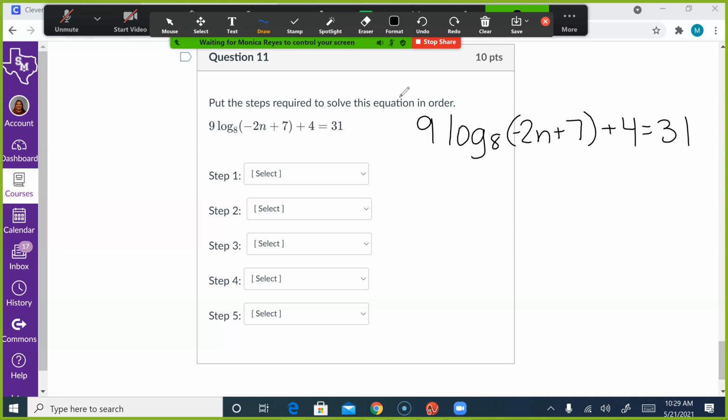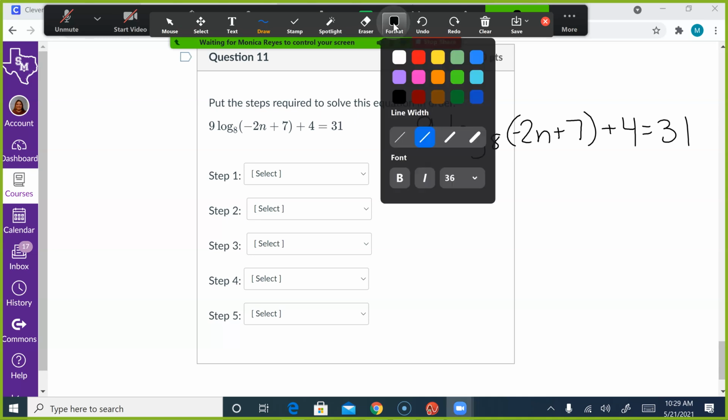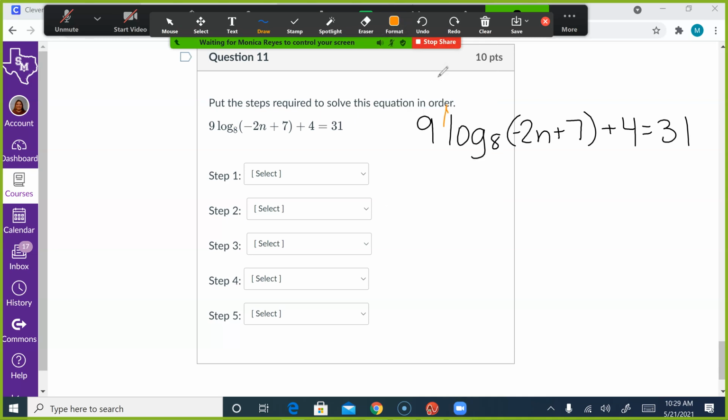Okay, so before you can convert it to the other form, before you can rewrite it in exponential form, the log and everything inside the parentheses needs to be by itself, just like the exponential was. So the first thing we need to do is move that 4 to the other side. So we're going to subtract 4 from the 31.